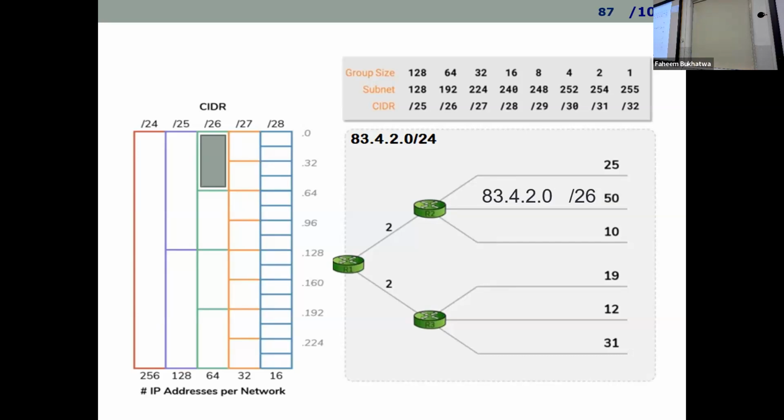Make sure you always include 2 more, unless you are very clearly told that it includes the broadcast and the ID. But 31 means you need 33. Where would you fit it? This one is 64. If you divide it again, 32. That 32 is not enough to locate that one there.